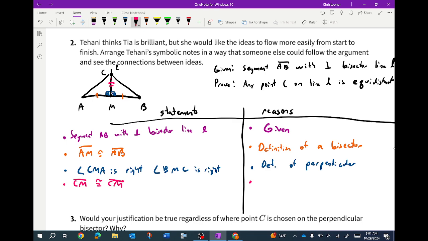And rather than giving our reason as a shared side, whenever we say something is equal to itself, we call that the reflexive property. Okay, so we have a pair of sides, a pair of angles, and a pair of sides. We know that they're congruent, so we can state that the two triangles are congruent.